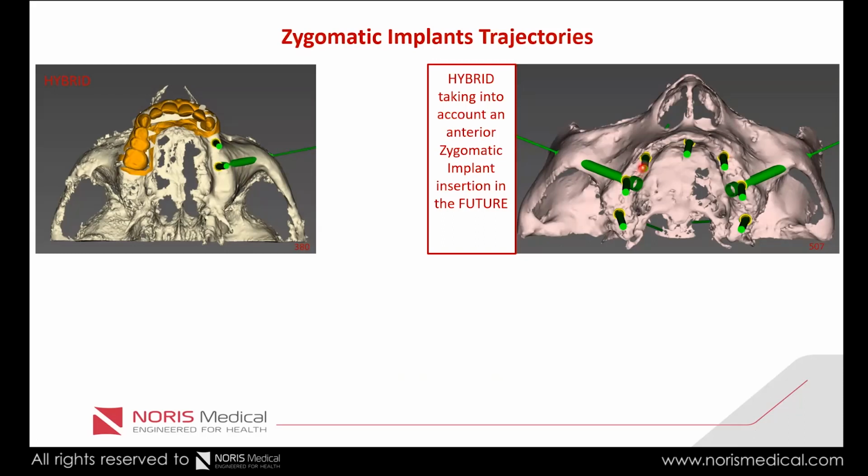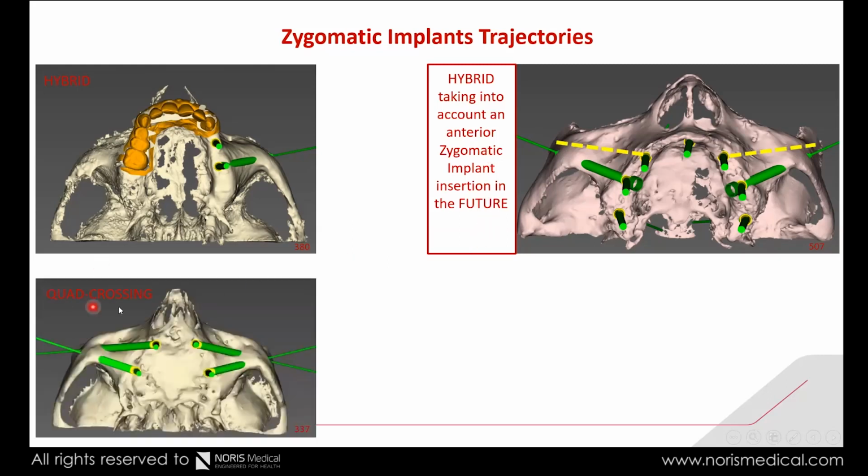So if we plan the anterior positioning of the implants and we take a posterior zygomatic implant, if we plan correctly, we can leave enough volume of bone to enable insertion of future zygomatic implants. So I call this hybrid, taking into account zygomatic implant insertion in the future.